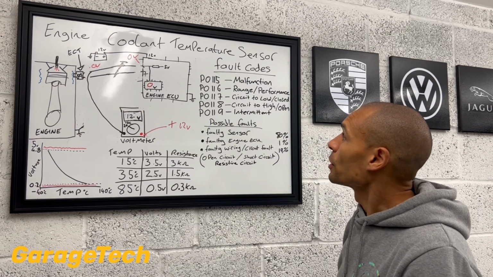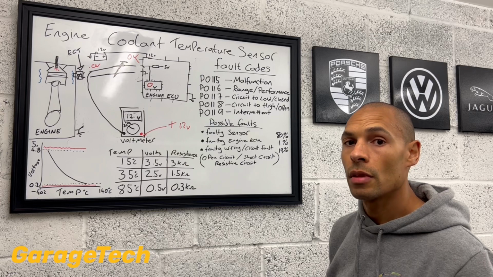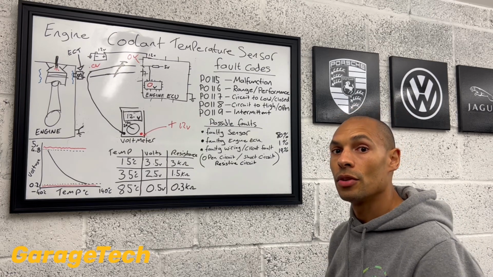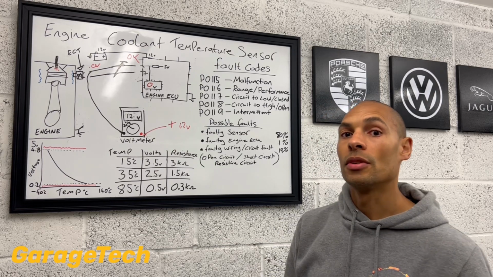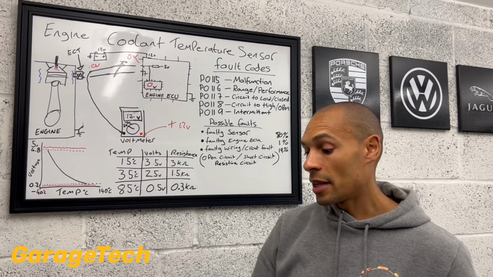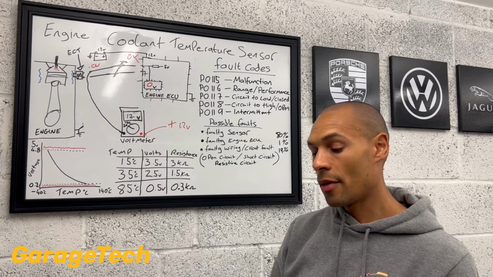Okay, I think that's pretty much covered off most of the checks and bits and pieces that you can do. Hopefully this video is giving you some confidence and some knowledge in how the actual engine coolant temperature sensor works. What you can do is take some of this knowledge from this video and replicate and use that for other systems.